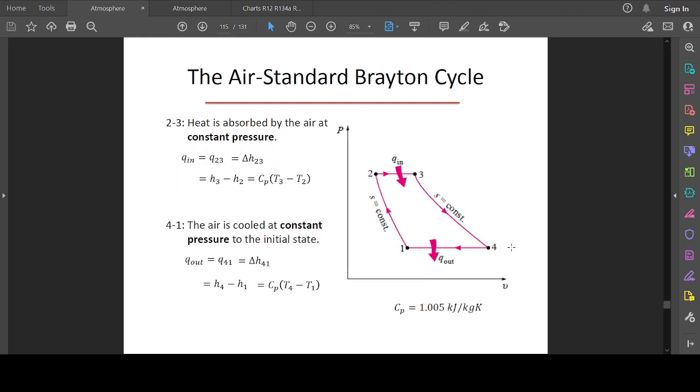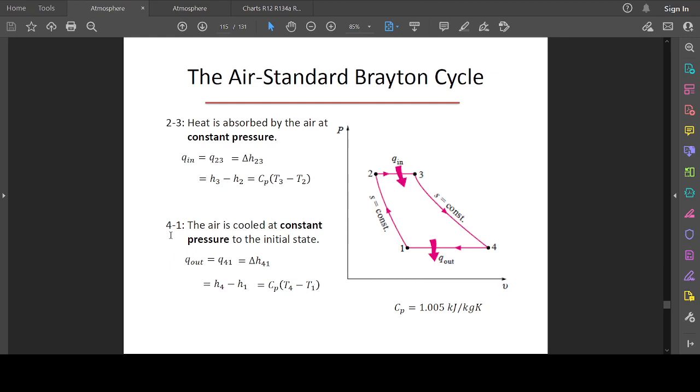So with that identified, the heat added to the system or absorbed by the process between stages 2 to 3 is given as Q in equal Q23 equal to the change in enthalpy between stage 2 and 3, and that could be rewritten as H3 minus H2. Or, because it's a constant pressure operation, if we know the temperature at stage 3 and temperature at stage 2, then we can use the specific heat capacity to multiply through to get the same value.